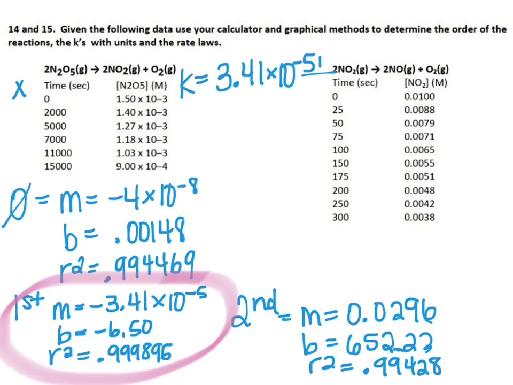So second to the negative 1, or 1 over second. The other part of the question wants to know the rate law. So rate is equal to K times the concentration of N2O5 raised to the first power.